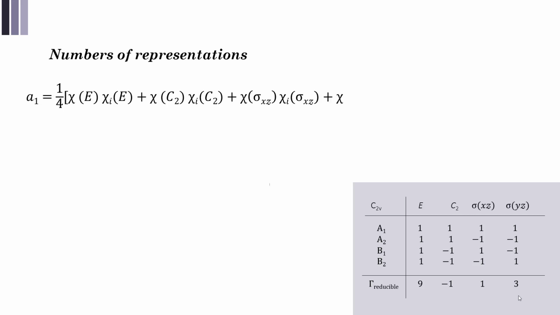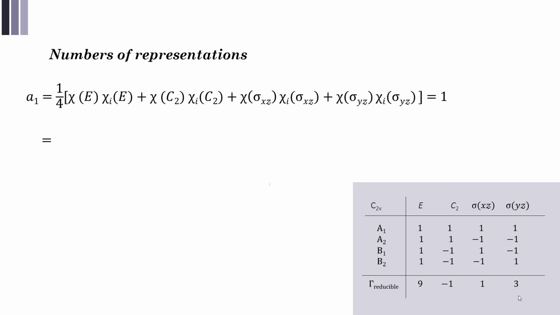So the character of sigma yz in a reducible representation and the character of sigma yz in an irreducible representation, that would give this all summation, and this would give the number of times that operation has come out.